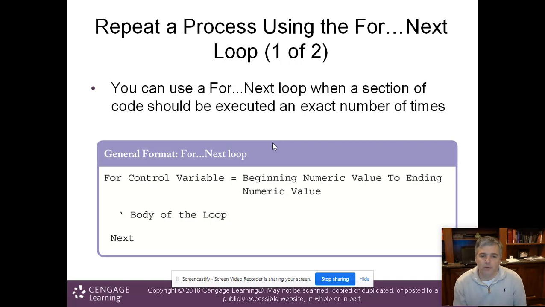What you're going to do with a for loop is just give it a range. For our control variable, which is just an integer, 1 to 8. Then the loop is going to loop that many times. You don't have to worry about counters with for loops because you've put the counter into this range here, beginning and ending value. So they're a little simpler, a little easier to understand.